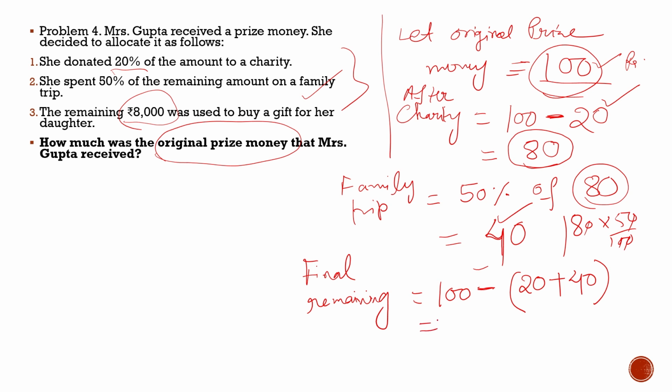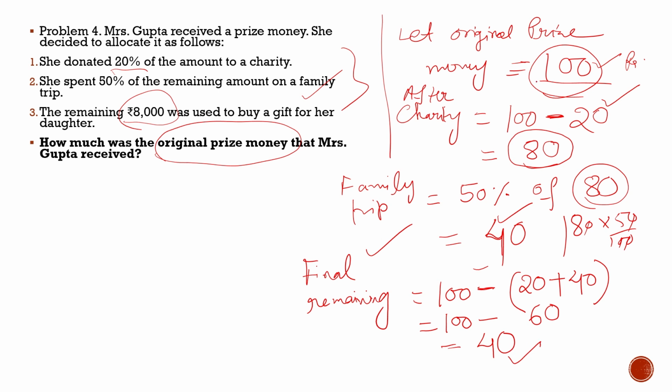So 40 plus 20 is 60, and 100 minus 60 is 40. Right? So the final remaining amount is 40.